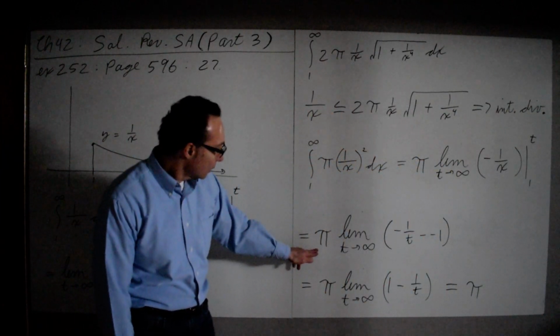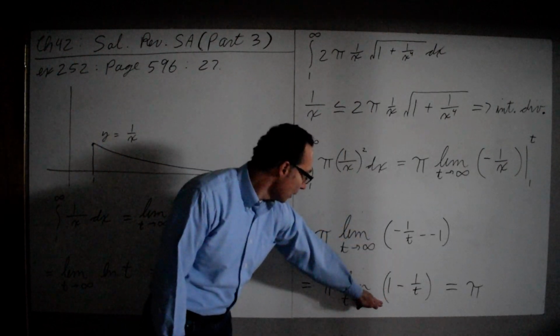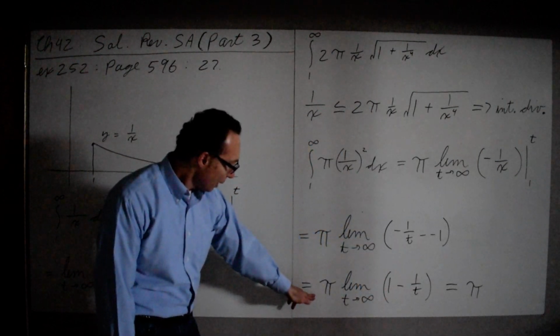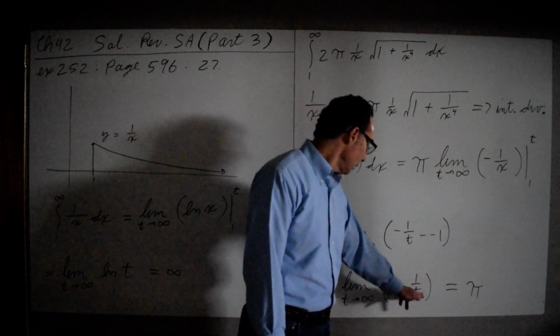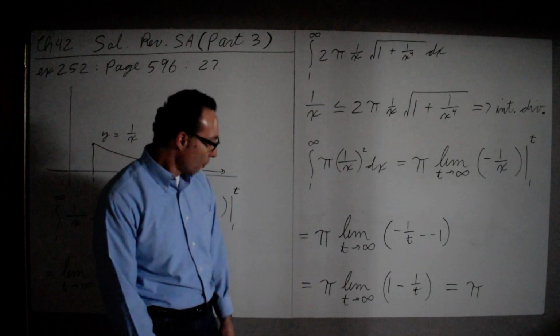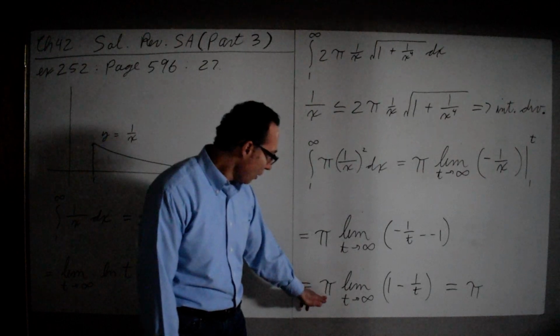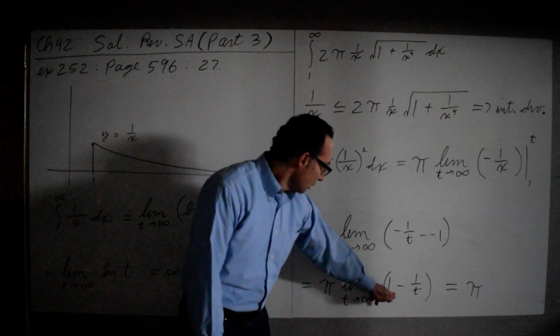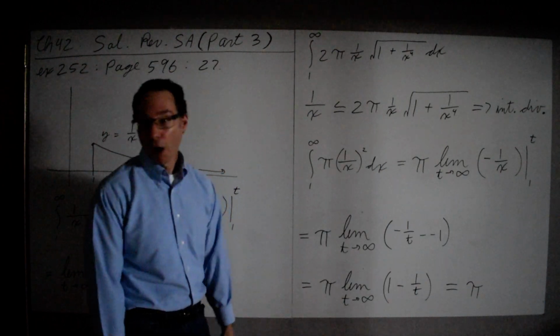So we just substitute 1 and t right here. We simplify this. So we have pi times the limit as t tends to infinity of 1 minus 1 divided by t. 1 divided by t goes to 0. So we have pi times a limit of something that goes to 1. So this limit is just pi.